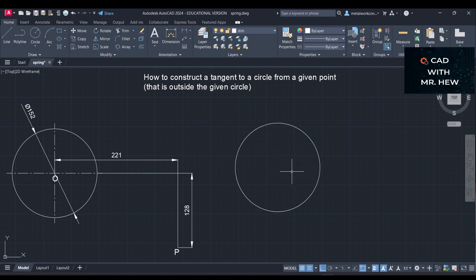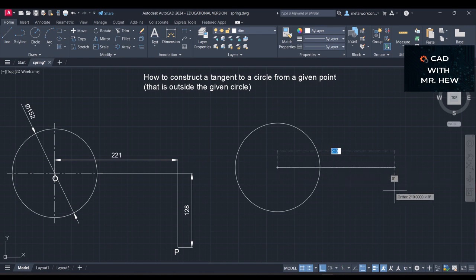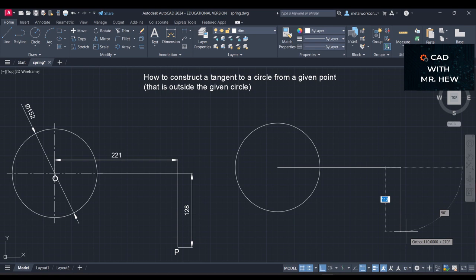The next thing we're going to draw is a line from the center of the circle going towards the right, which is 221 millimeters long. Hope you're following along. Then going down we need 228 millimeters. Enter. So the point P would be right here.